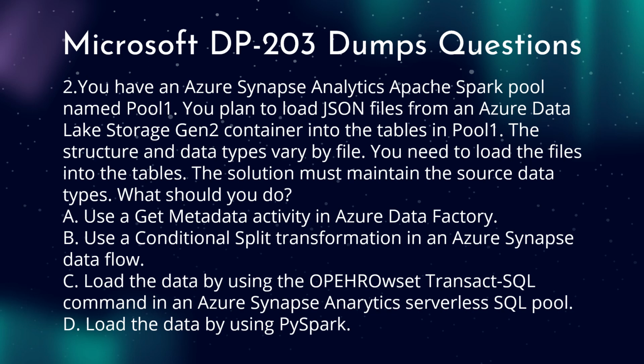A. Use a Get Metadata activity in Azure Data Factory. B. Use a conditional split transformation in an Azure Synapse data flow. C. Load the data by using the OPENROWSET Transact-SQL command in an Azure Synapse Analytics serverless SQL pool. D. Load the data by using PySpark.